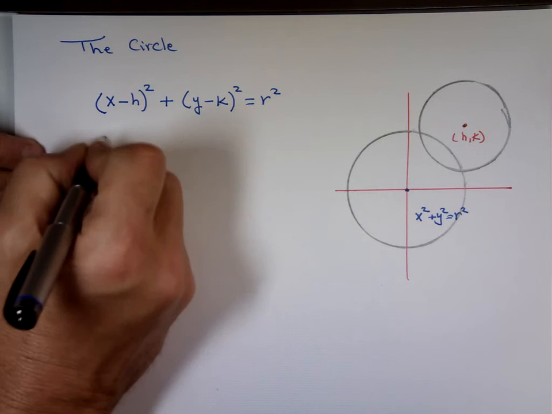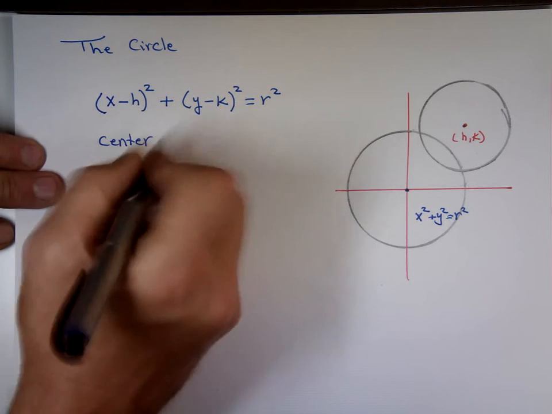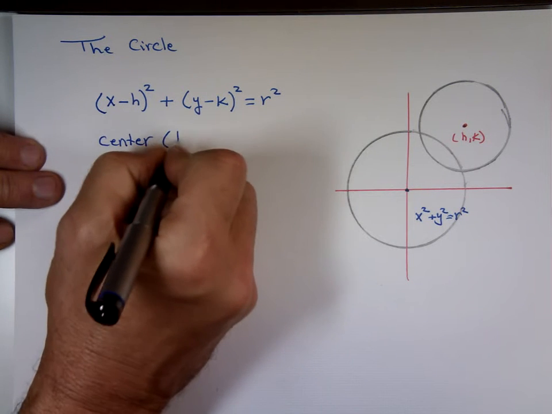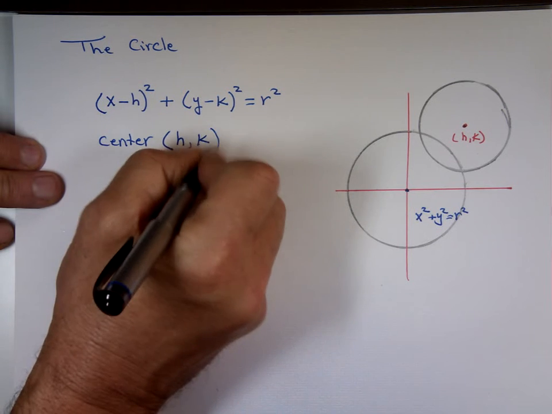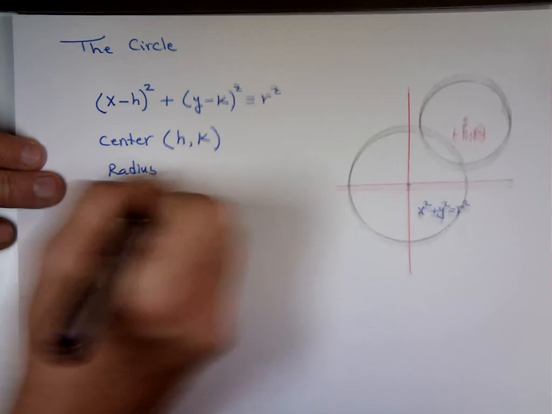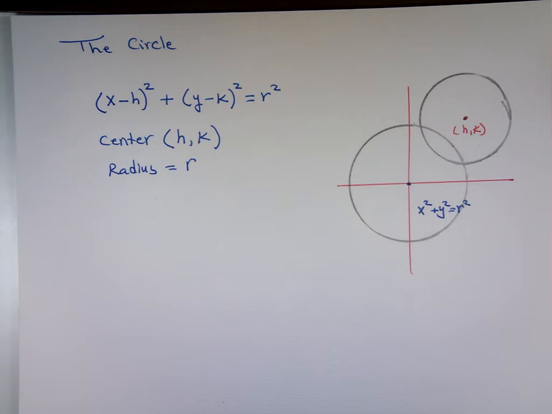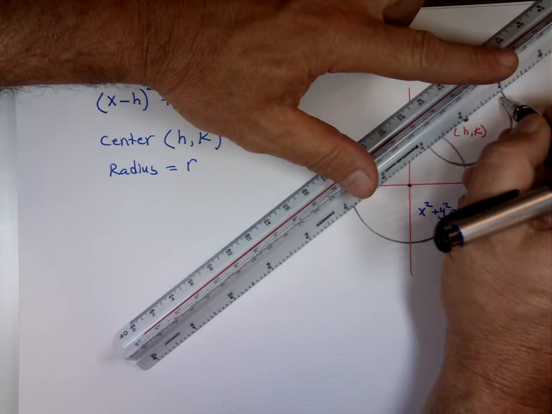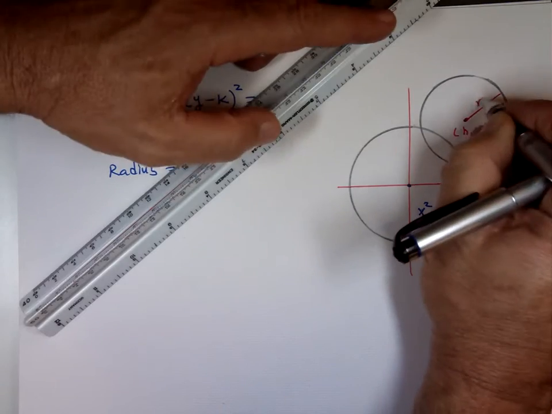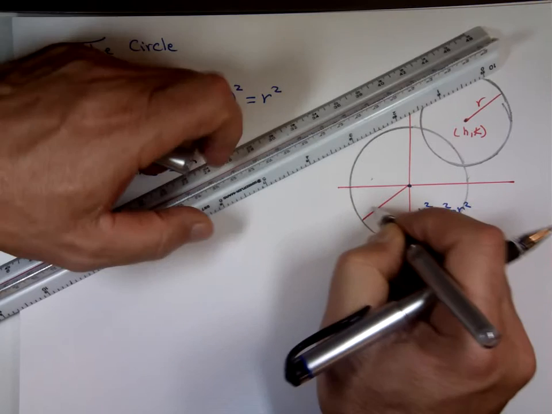Notice it has to be a minus sign for both of them. The center is where? At h comma k, and the radius is equal to r. The radius is that distance from here to the edge of the circle. The radius for this one is from the center to the edge of that circle.